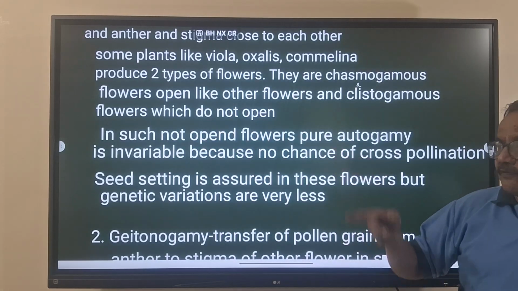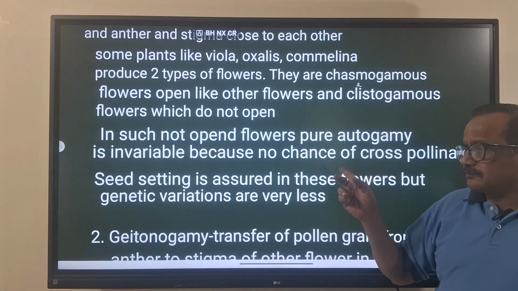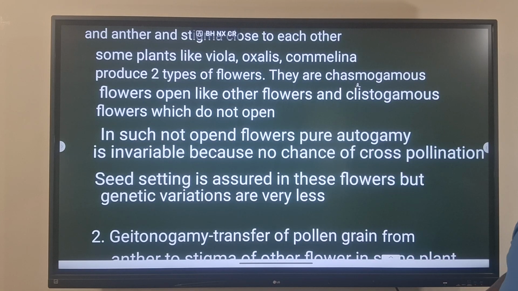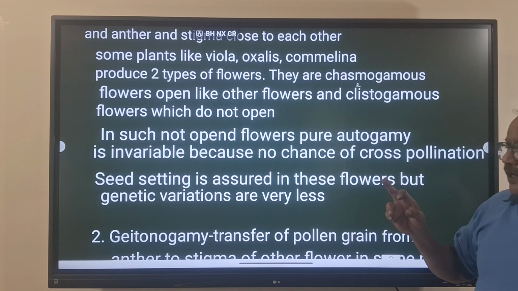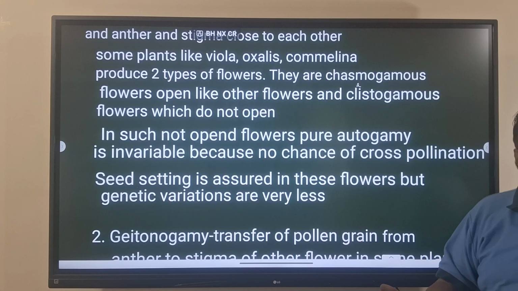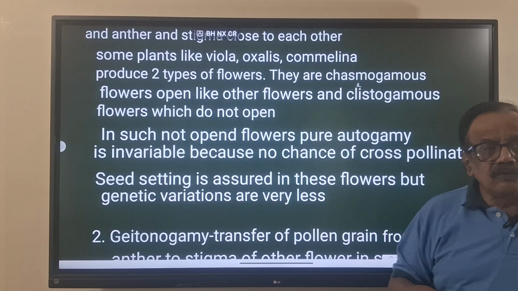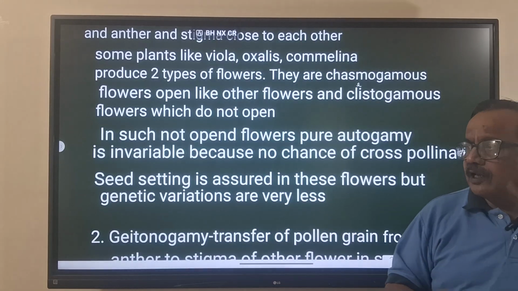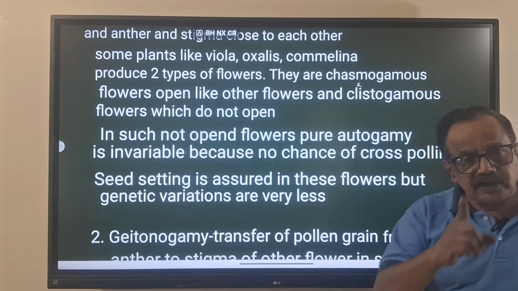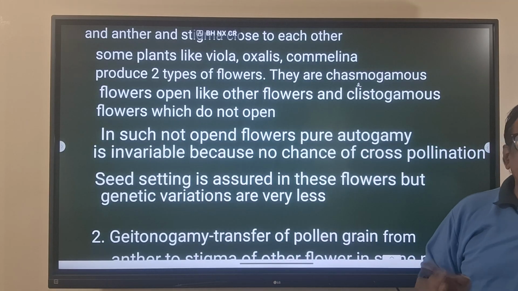So he has given this in the NEET, in 2022 he has given this bit, no chance. So what will they do? They will do the pure autogamy. On the basis of this, he can create many more.